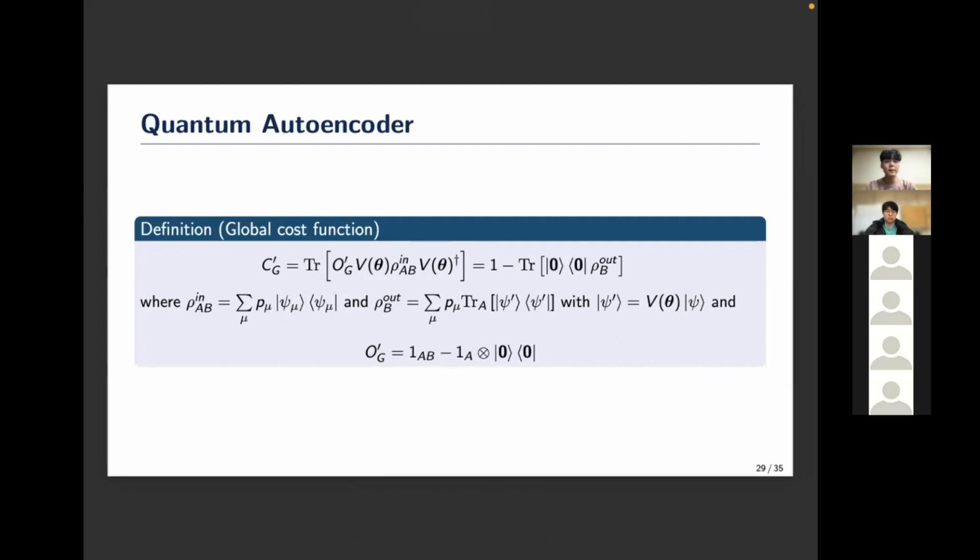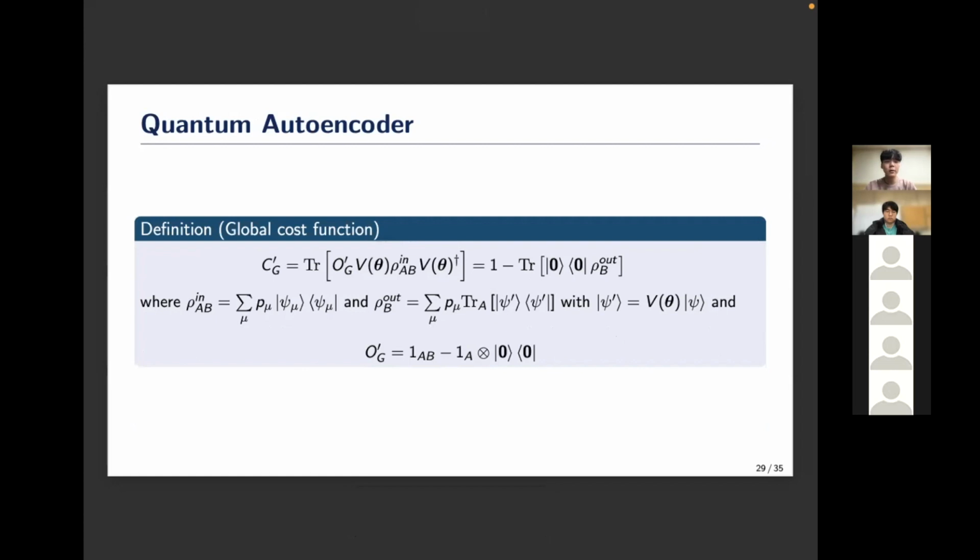Since there are many conditions in the theorem, they verify the theorem with numerical simulations. As an important example of variational quantum algorithms, they considered quantum autoencoders.